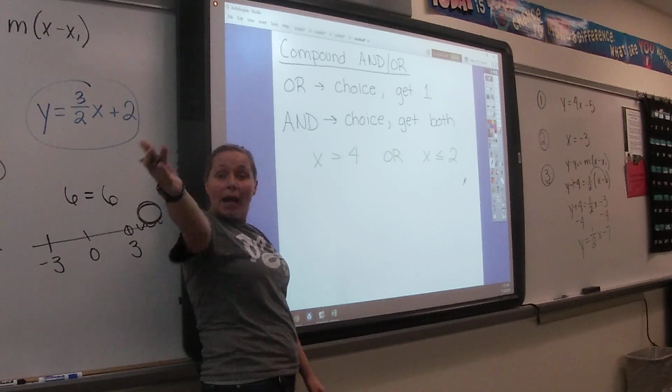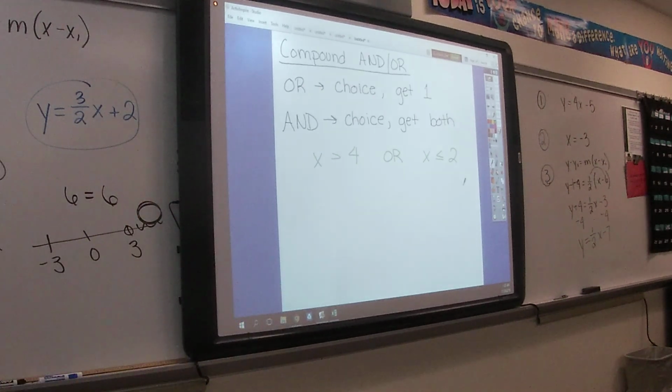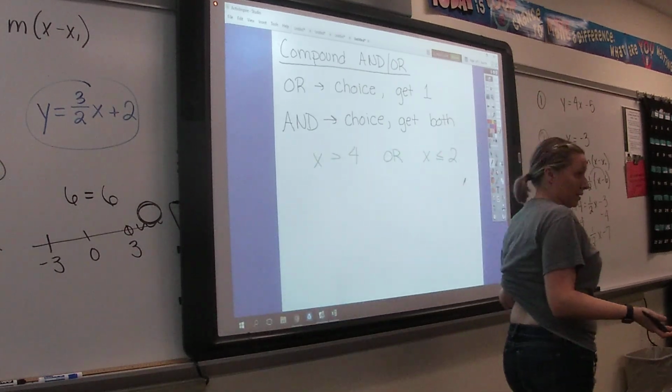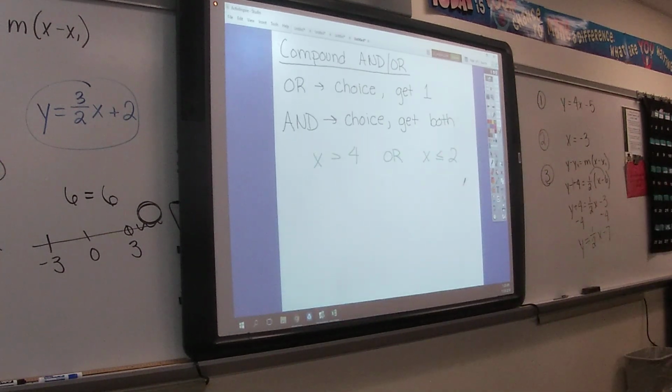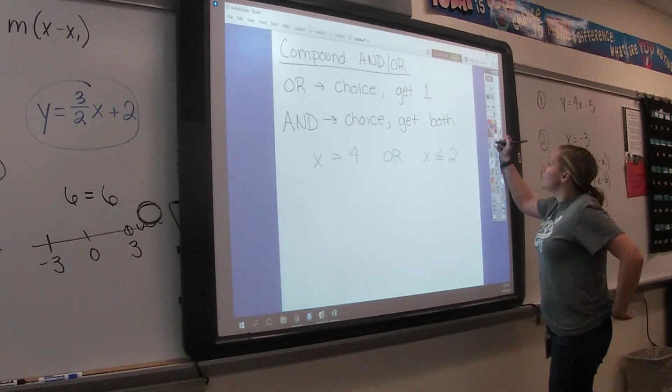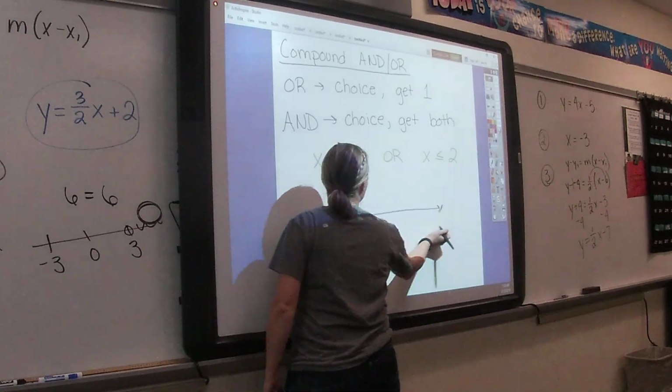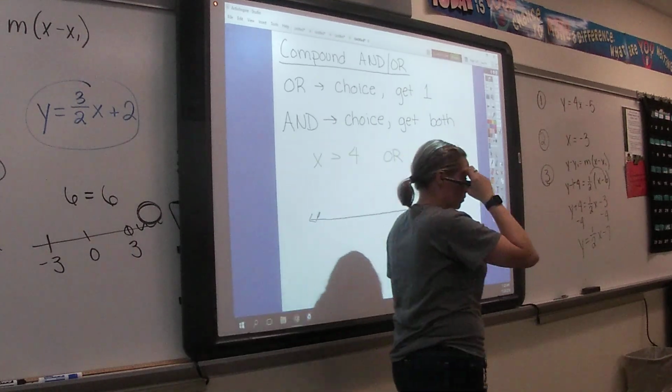Number line? Right? We graphed them on a number line and we represented what all of those solutions look like. So we want to be able to do the same thing today with compound inequalities. Same idea is true today, that we're going to make a number line to represent it.